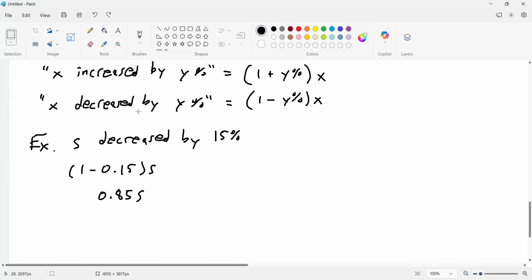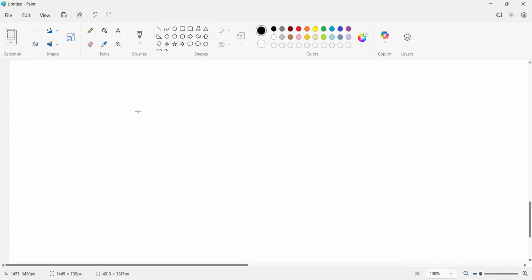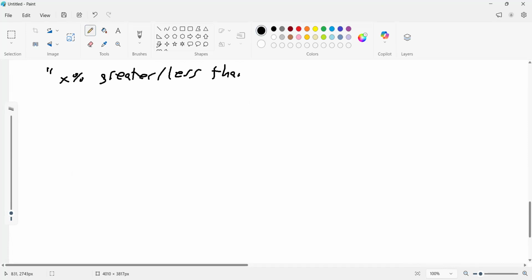Now let's move into the last thing, like greater than or less than type problems. So if I have X% greater or less than a certain value.